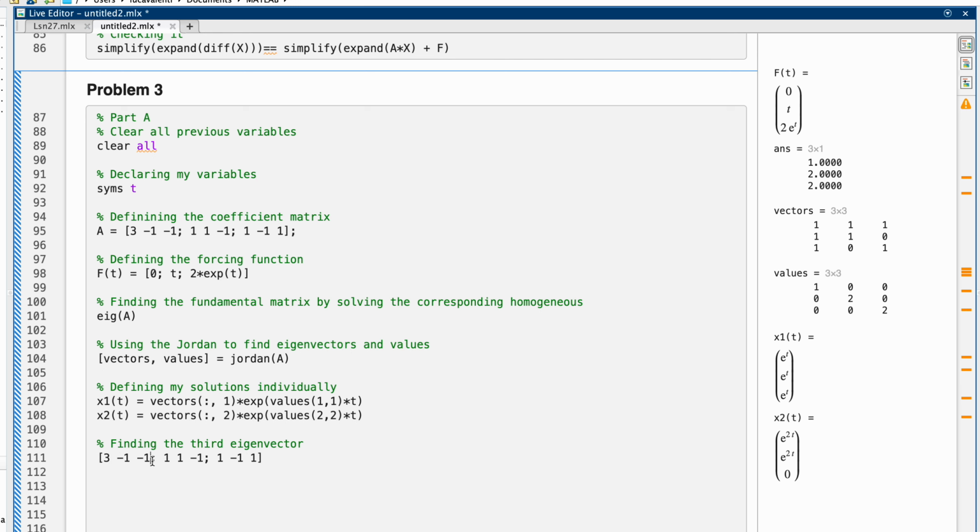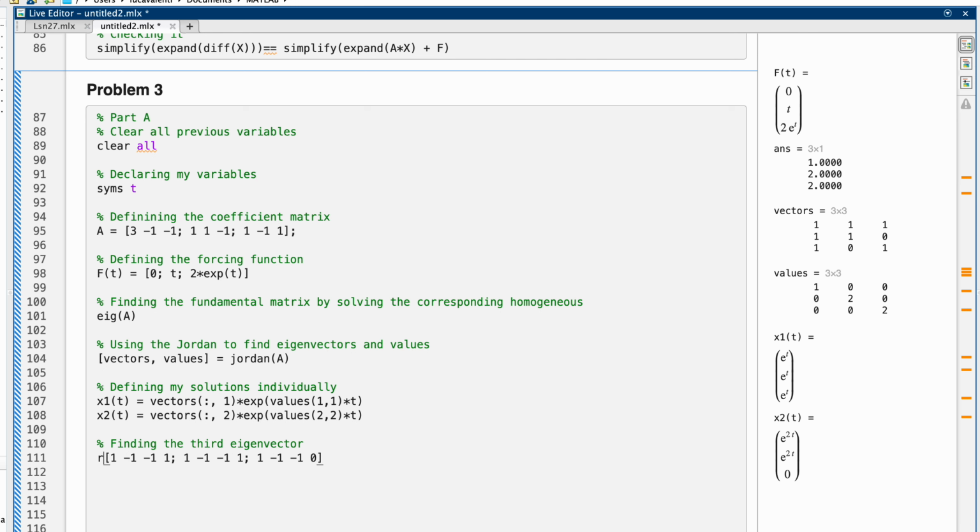I'm going to augment it, and it's going to be equal to this. So it's going to be 1, 1, and 0. And then I'm going to put this eigenvalue in, which is the eigenvalue of 2, in the diagonal. So 3 minus 2, that's 1. Then 1 minus 2, that's -2, -1. And then 1 minus 2, that's -1.